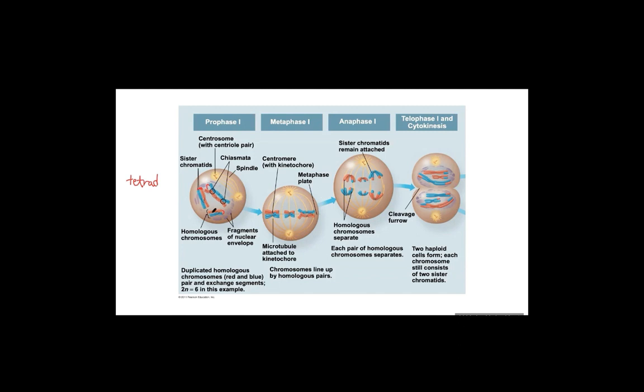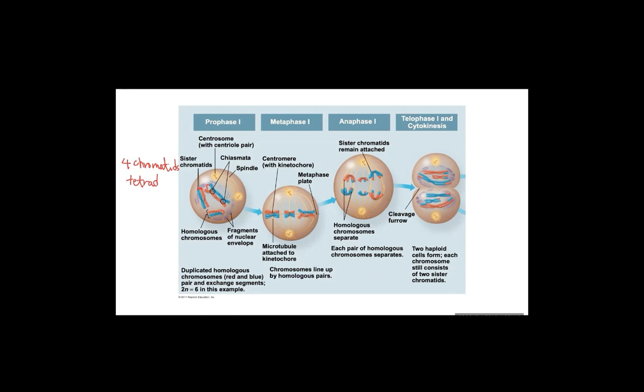How many chromatids can you count? 1, 2, 3, 4. Four chromatids is called a tetrad.